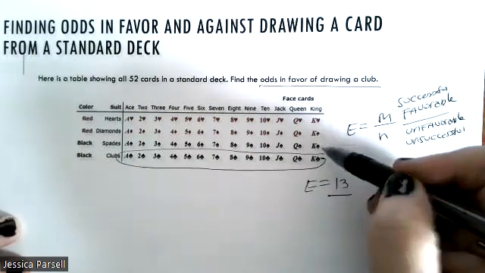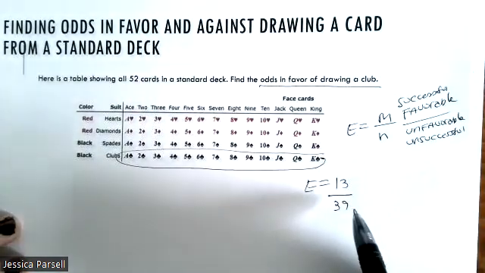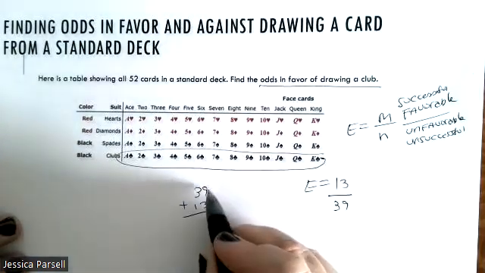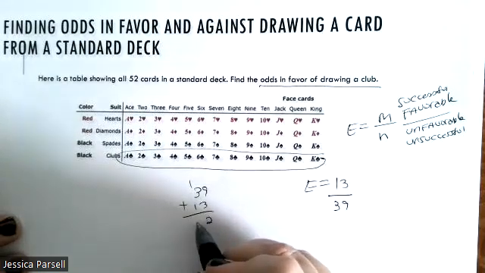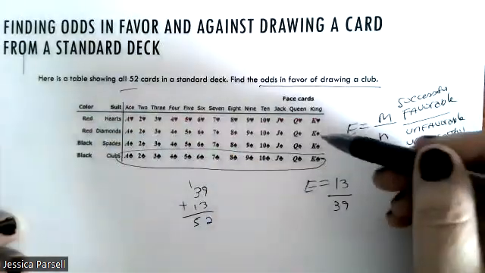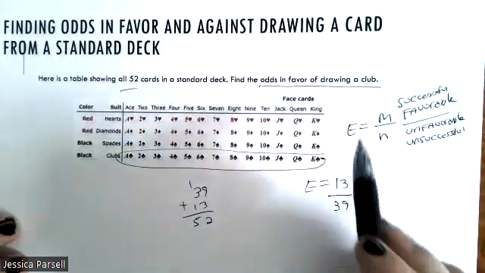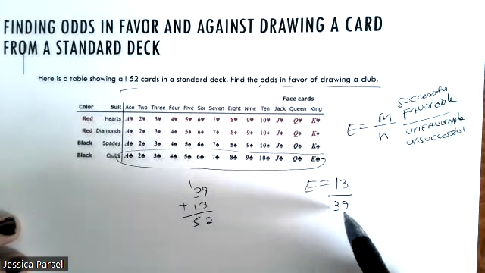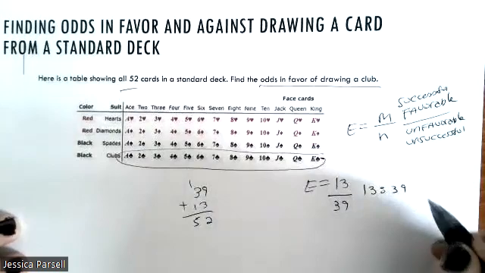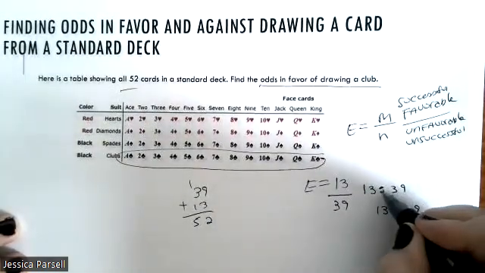Well, 13, 13, and 13 is 39. So you can check yourself, 39 plus 13 is 52. We know that there's 52 cards in a deck, and it's broken into 4 sets of 13. So the odds in favor of drawing a club is 13 over 39, or 13 to 39.